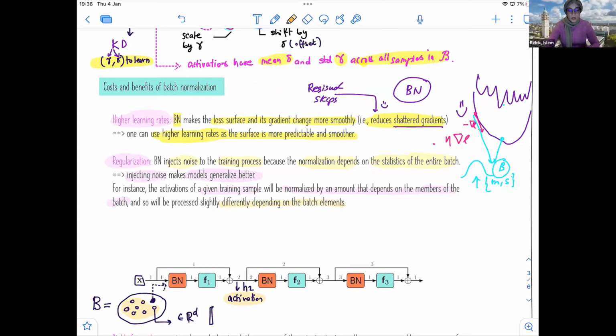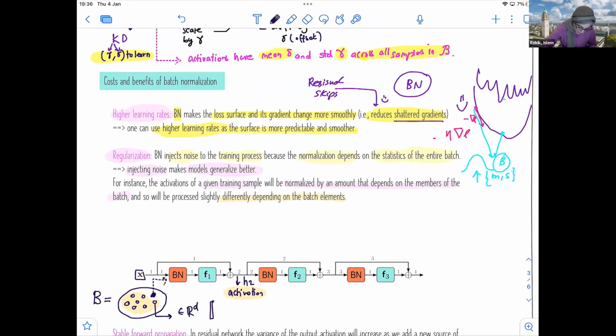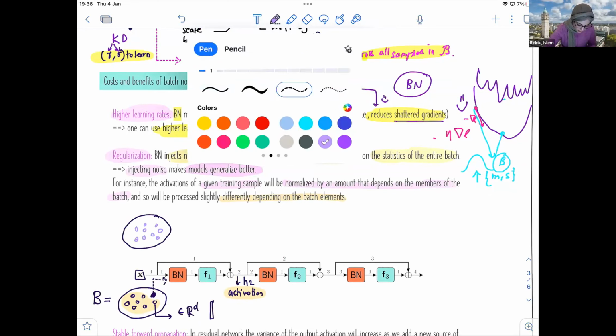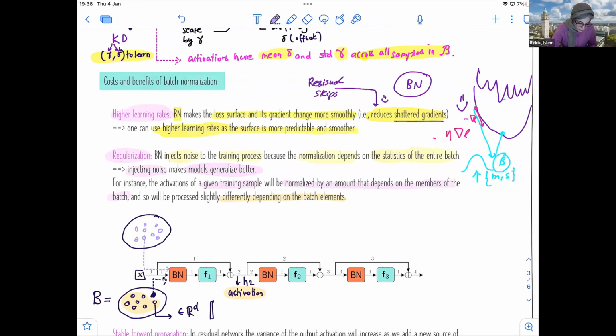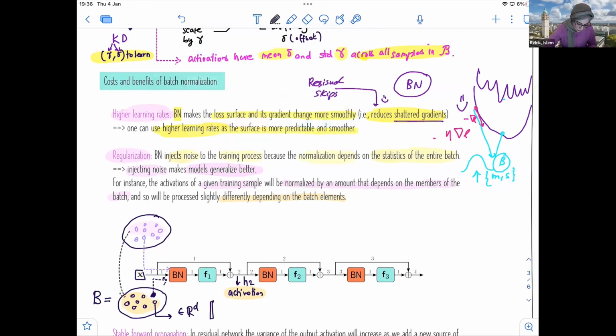So this is what we call noise. Every time you have a different batch, so if I have another batch right here, and let's put different colors. These are my elements right here. If I input my data, I'm going to look at the distribution inside this batch, and this distribution will be different. The purple will be different from the orange distribution.